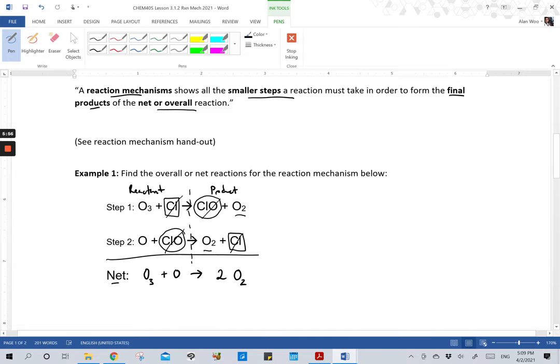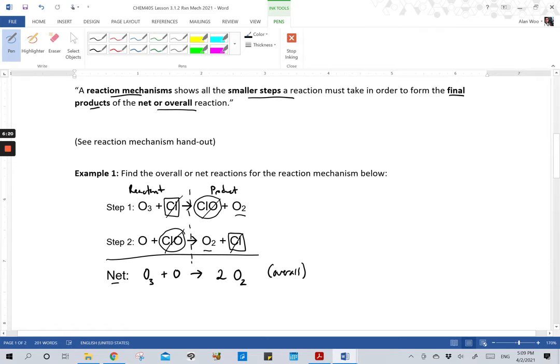This is our net reaction. The net reaction is the overall reaction. Normally when you look at an overall reaction, it should be balanced already. So we have 3 oxygens plus 1 oxygen, that's 4 oxygens on the reactant side. We have 2 times 2, which is 4 oxygens on the product side.